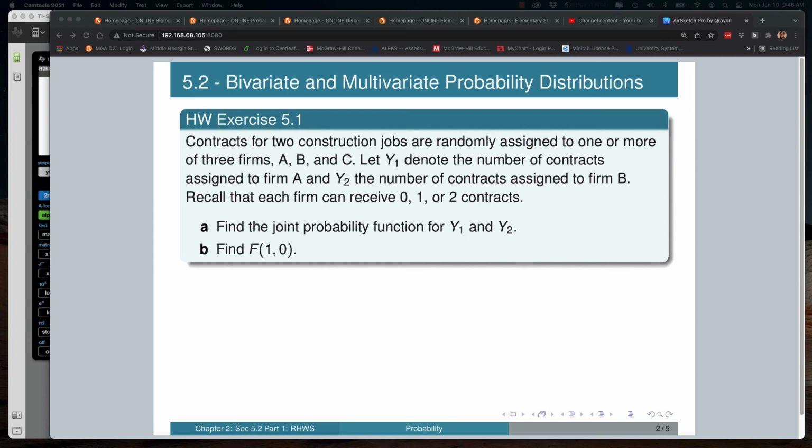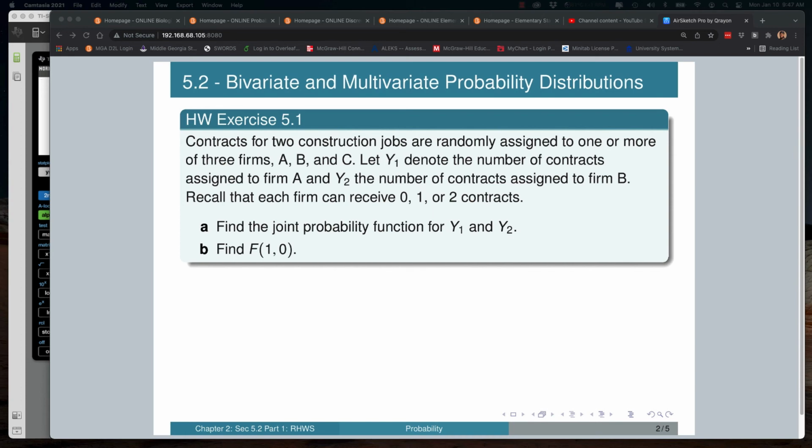It says contracts for two construction jobs are randomly assigned to one or more of three firms, A, B, and C. So that means we can randomly assign any of these two construction jobs to just one or a combination of two of these firms.